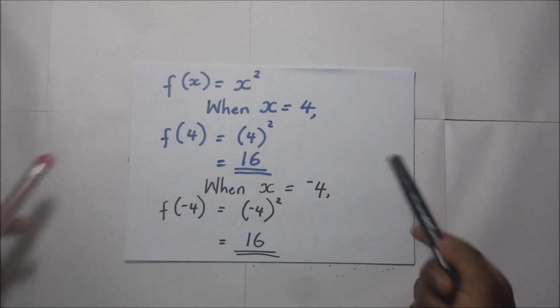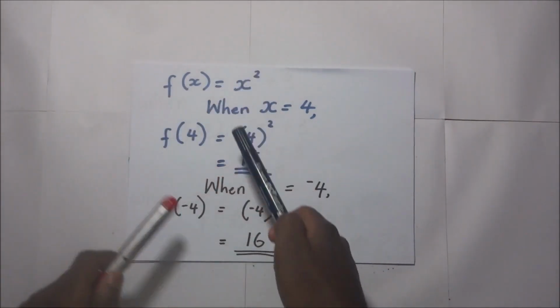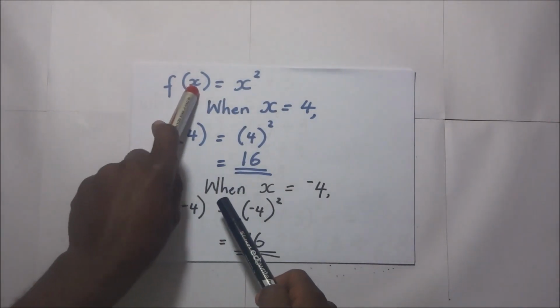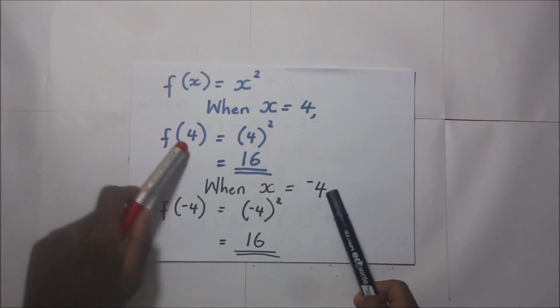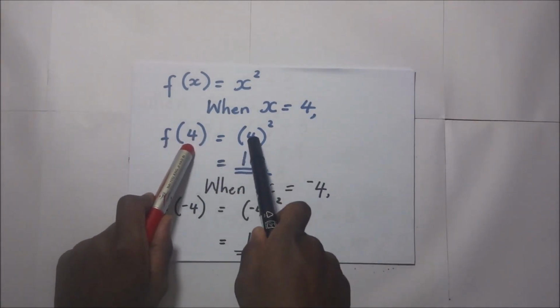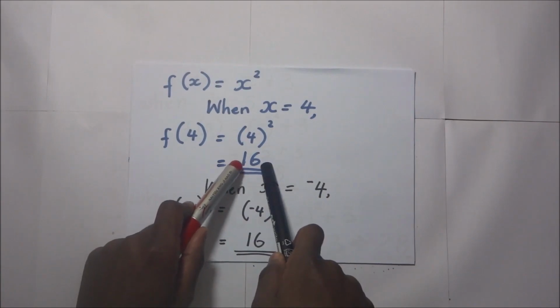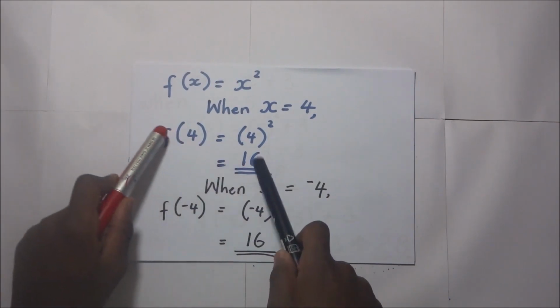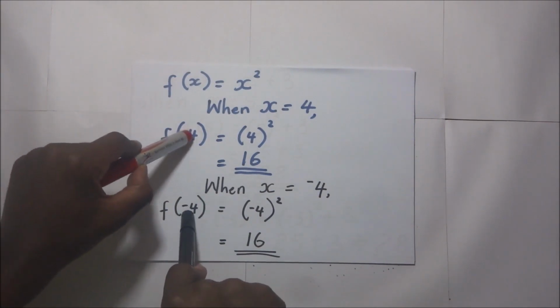So let's look at this. We have a function f of x equal to x squared. Now the input value here is x, and it's giving us x squared. So if in the place of x we put 4, this is going to become 4 squared. That's going to give us 16. Then we do the same thing and put a negative 4 in the previous place.